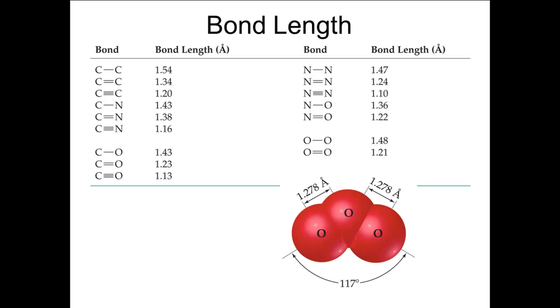This is in agreement with the idea that the actual structure of ozone is a combination of the two resonance structures and has a bond length between the single bond length and the double bond length.